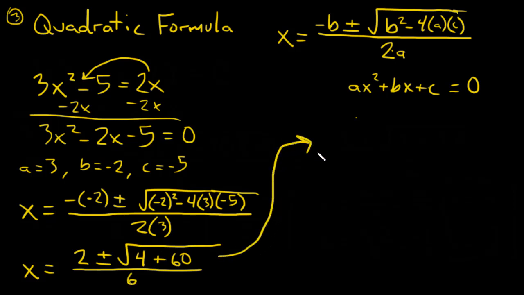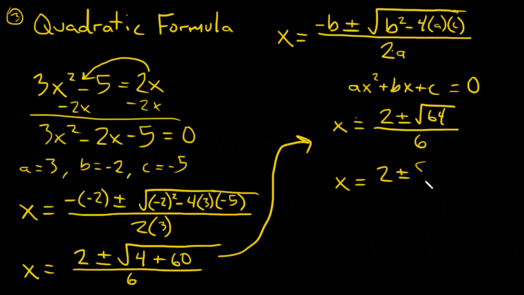And I want to swing up here and continue. X equals 2 plus or minus root 64 over 6. X equals 2 plus or minus 8 over 6. And we are done. Okay?